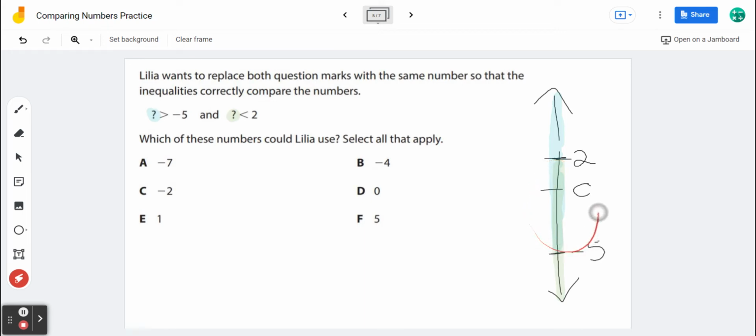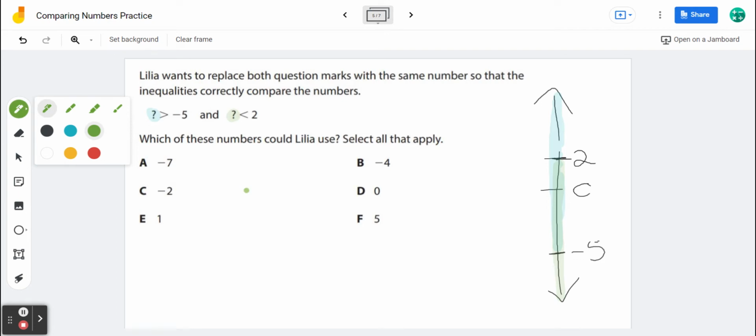I'm looking for numbers that are right here in this sweet spot. Because if a number falls up here, it is bigger, greater than -5, but it's not less than +2. So these numbers don't count. These numbers don't count because, yes, they're less than 2, but they're not greater than -5. So again, this is the sweet spot I'm looking for.